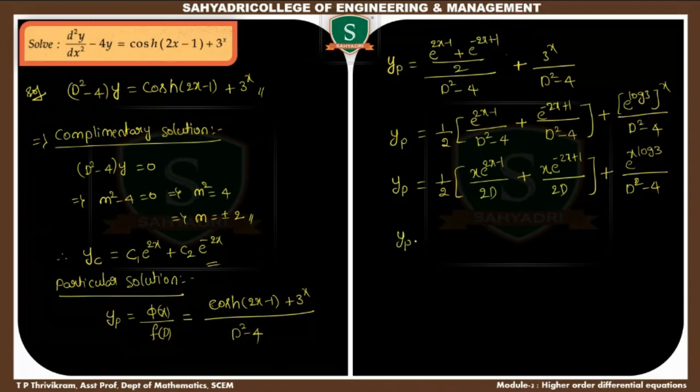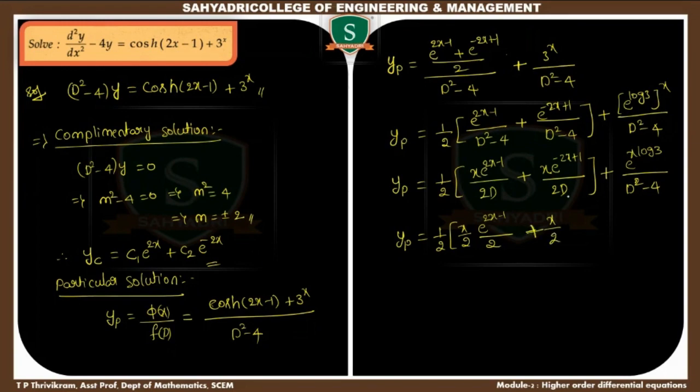So yp is equal to 1 by 2 into how much? X by 2 you keep aside. 1 by d means integration, right? So the integral of e power 2x minus 1. Here also x by 2 you keep aside.